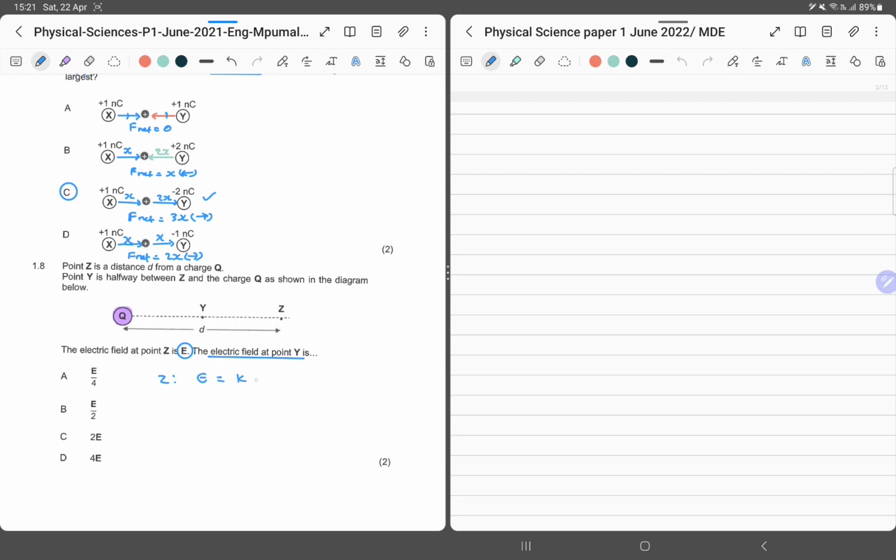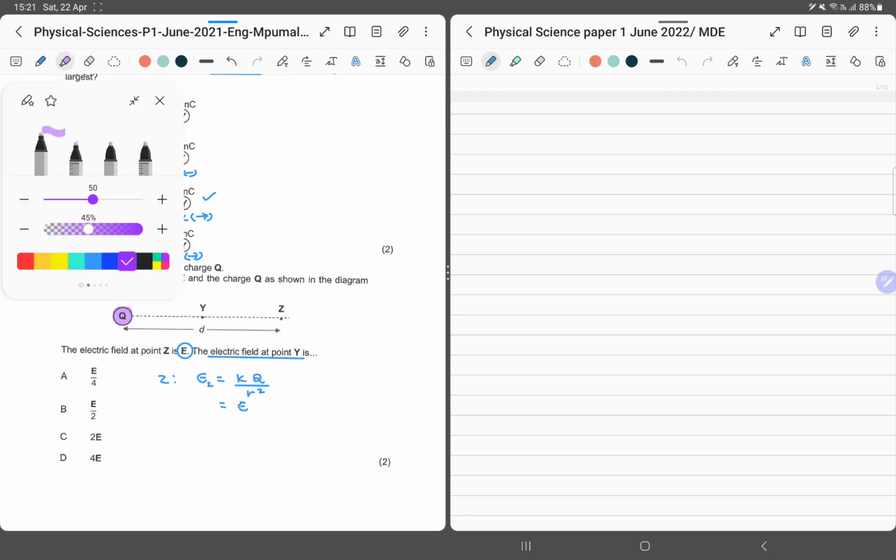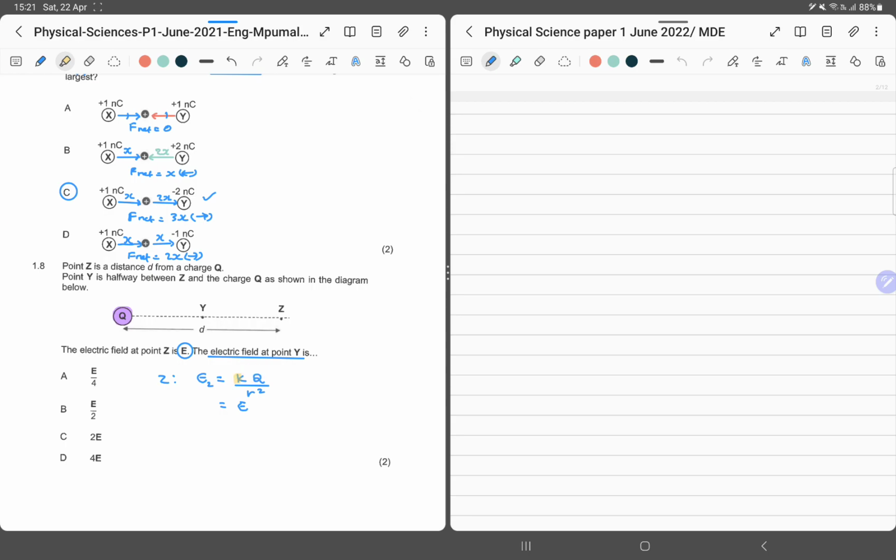Electric field is basically K, the charge involved, over the distance between the charge and that particular point at which you're measuring the electric field. And we were told that this is E. So meaning this is basically, no, this is not correct. I'm making a mistake here. So at first it's going to be K, Q, divided by, now what is that distance? It is D squared.